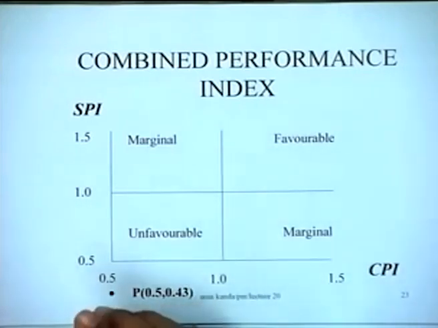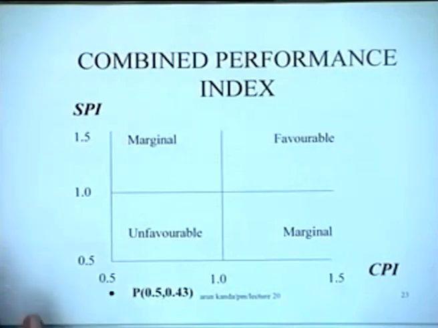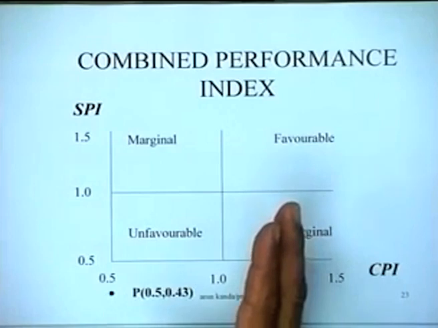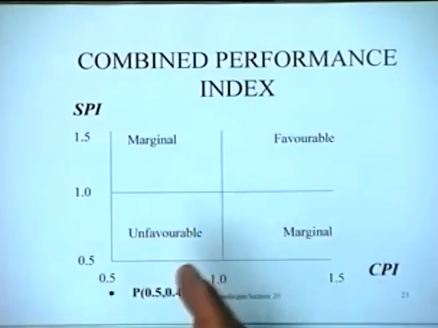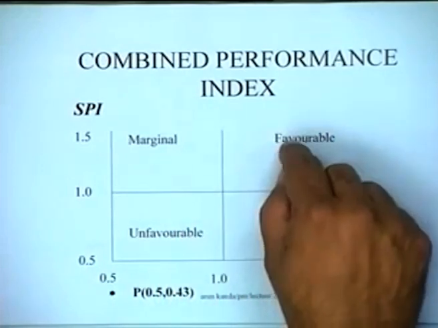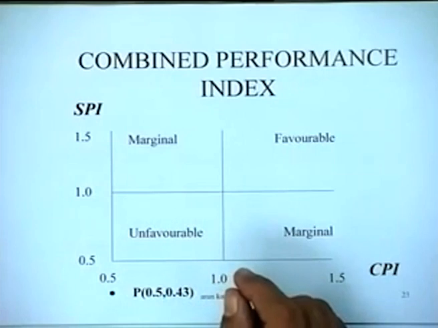So monitoring and control of a project is very much linked to the performance at every review of the project. This kind of review can be repeated every time, and this point must gradually improve and hopefully come to the favorable point as you keep on improving the whole project situation.